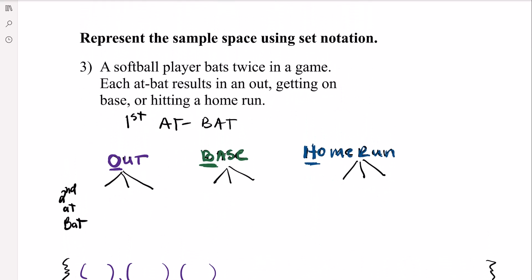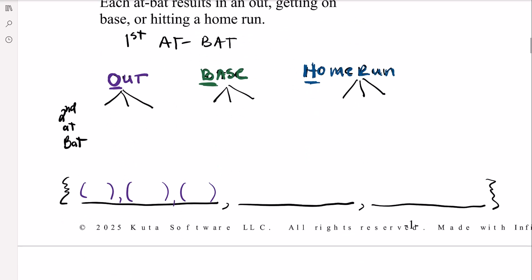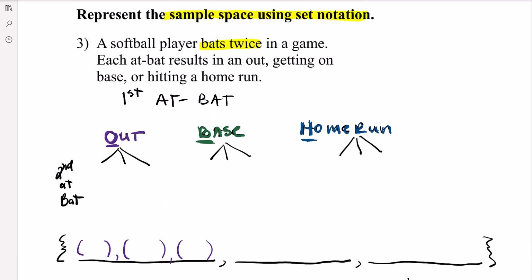Okay, now it gets a little bit more complex because it's going to happen twice, and you're going to have to build a sample space using set notation. Set notation means the solution set. So the first time, we're going to do it based on your first at bat.